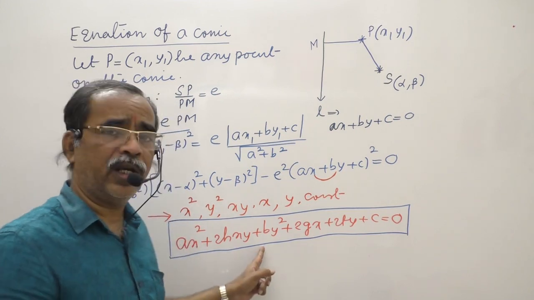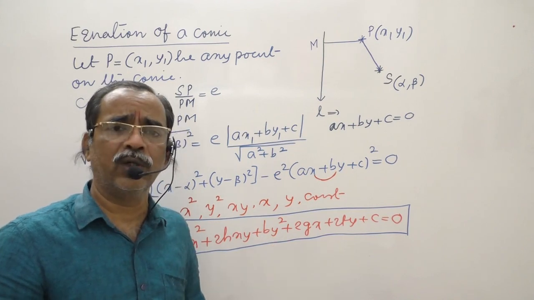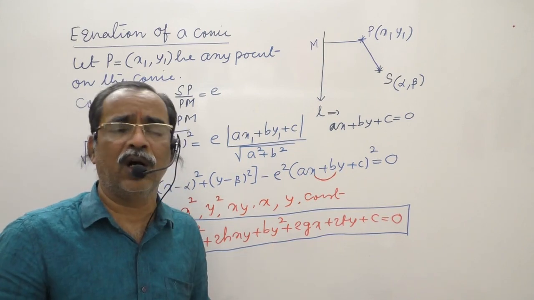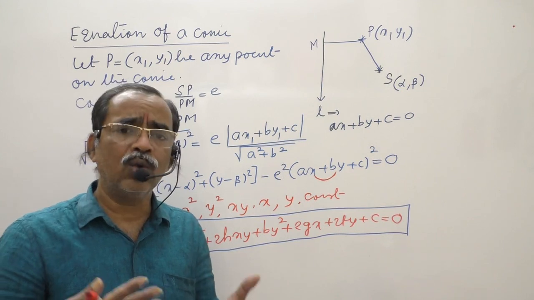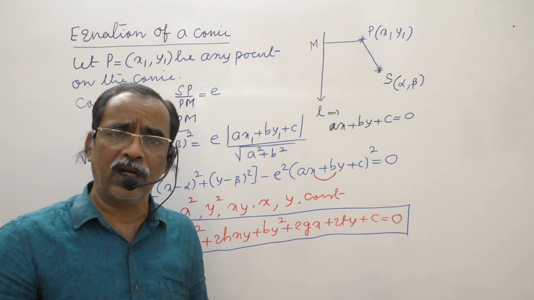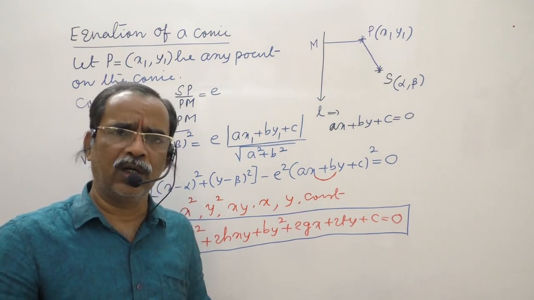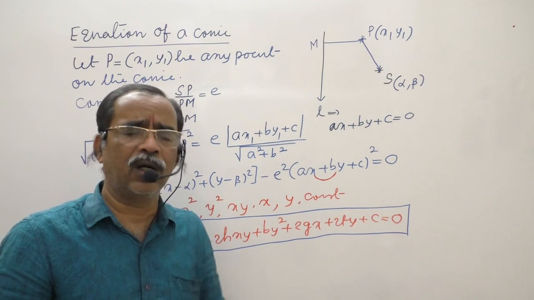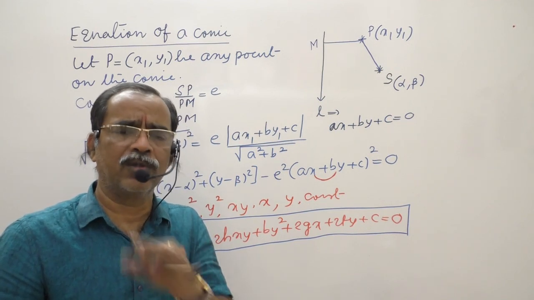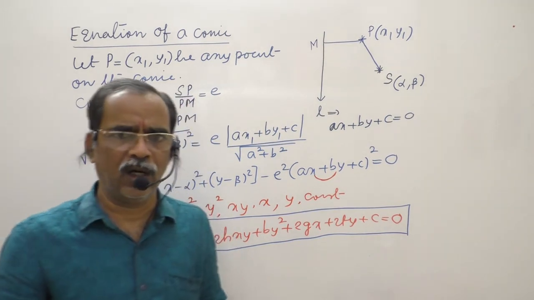Now we are saying that it is a conic section also. So how do we find when it represents a pair of lines, when it represents a circle, and when it represents a conic? There are three major conics: parabola, ellipse, hyperbola. We will discuss that point also.